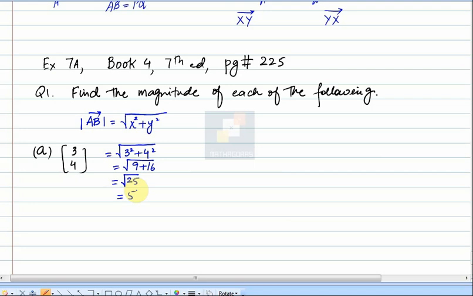Alright, I hope that all of you have noted down. Next part, B. The column vector is 5 and minus 5 and positive 12. Find out the magnitude, and you need to do it by yourself first. So give it a try, start.